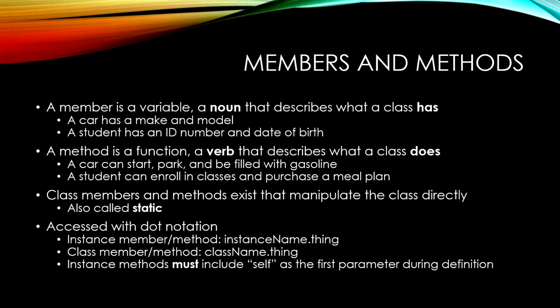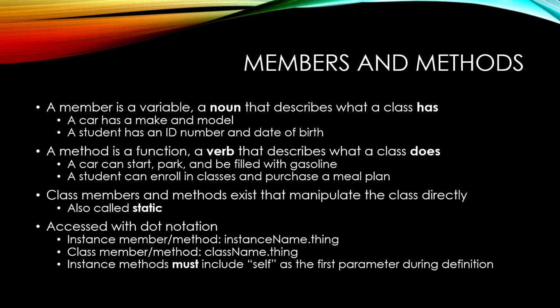There are also class members that exist that will affect the class itself. There are cases where you might create a variable within a class that has a value for the overall class. These are often referred to as static. And we can access anything within a class, at least in Python, using dot notation.